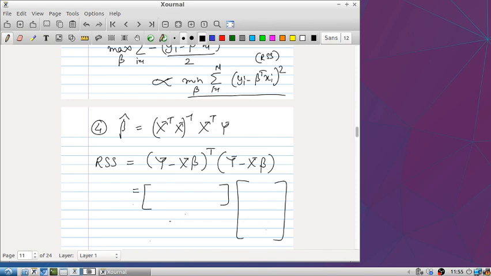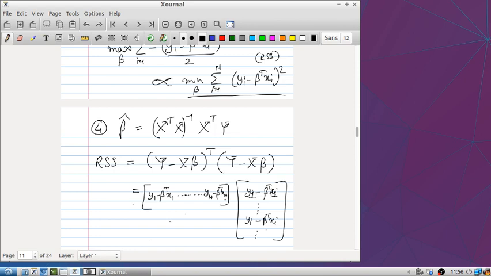This y matrix minus x beta is actually, each row happens to be yi minus beta transpose xi. Here it's y1 minus beta transpose x1, and the last one is yn minus beta transpose xn.